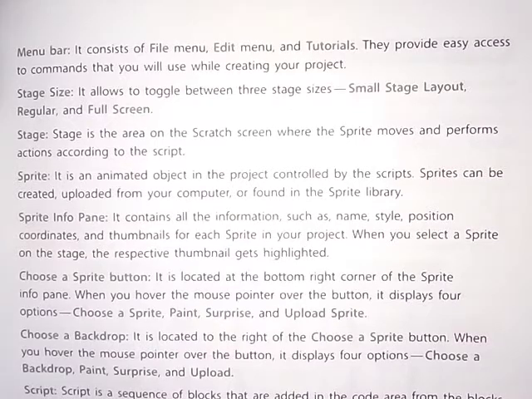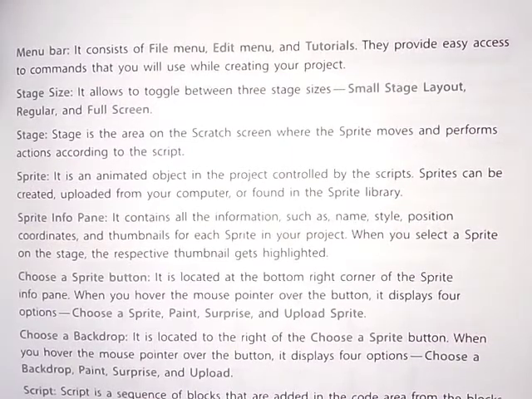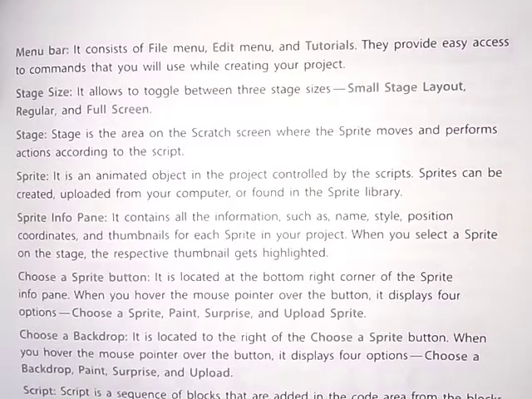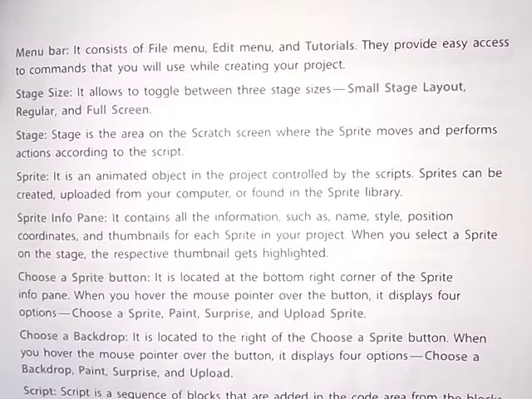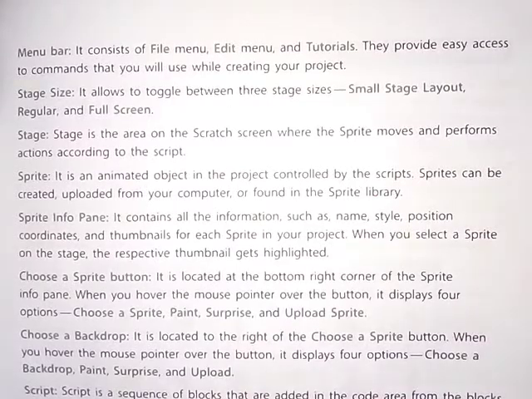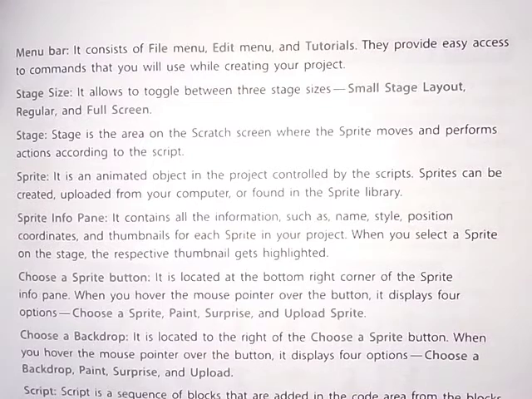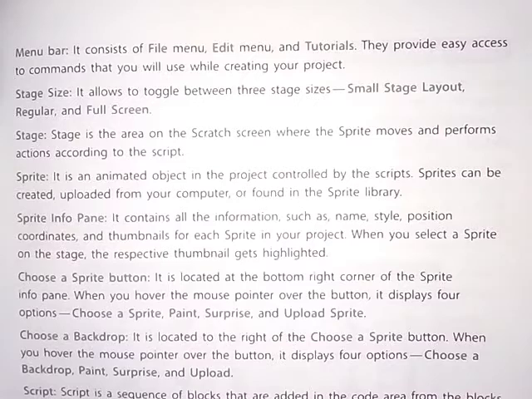Stage. Stage is the area on the Scratch screen where the sprite moves and performs actions according to the script. Sprite. It is an animated object in the project controlled by the scripts. Sprites can be created, uploaded from your computer or found in the Sprite library.